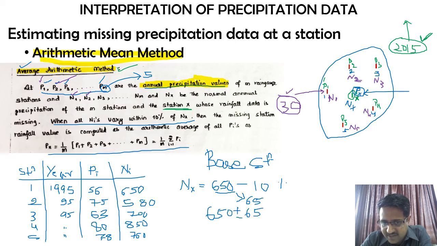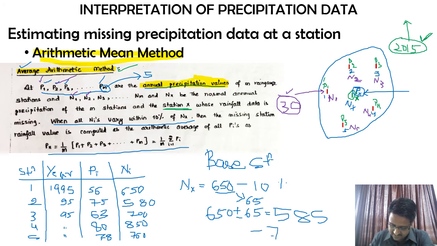So 650 minus 65 is going to be 585. So here I have a lower value of 585. Similarly, 650 plus 65 is going to be 715.